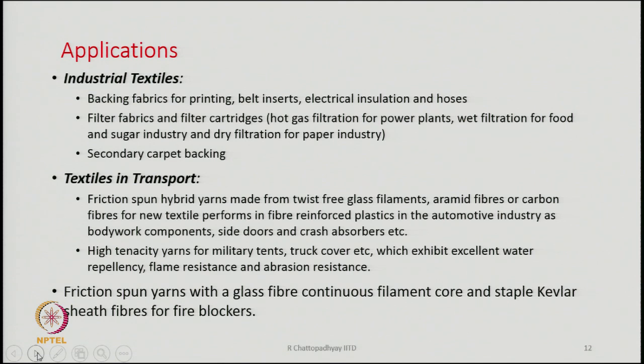This possibility is less with other technology. We can have multiple components in the yarn cross section and rightly place them wherever we want to place the fibers. This opportunity is relatively less in the case of other technology.